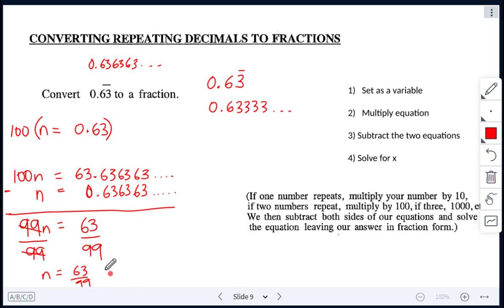After this, you can reduce your fraction. 63 over 99 can be reduced to 21 over 33, and then we can reduce it again to 7 over 11. So our final answer is 7 over 11. And if you put 7 divided by 11 into your calculator, you will end up with 0.636363 repeating.